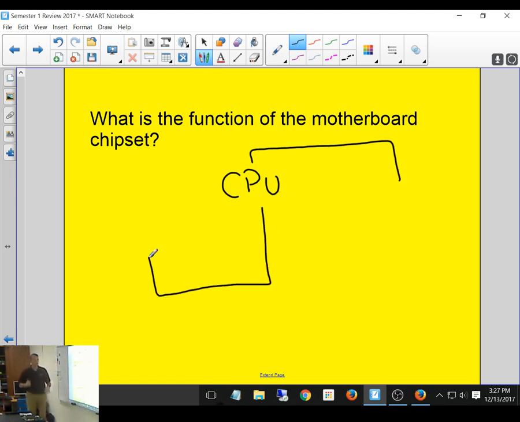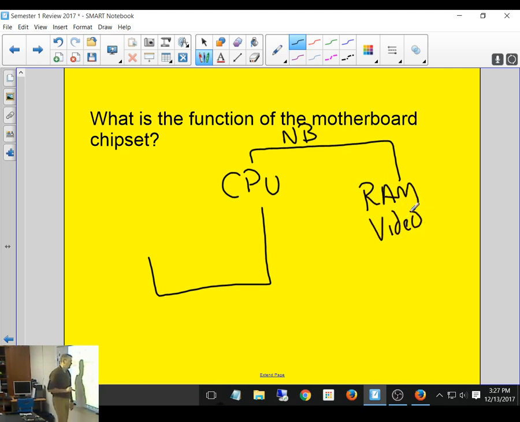And if it's on the north bridge or the north chipset, the only thing that's on there again is RAM and video, and everything else is on the south bridge or south chipset, okay?